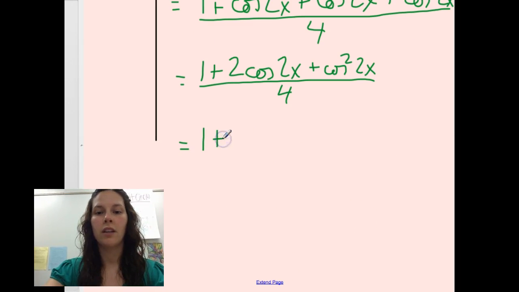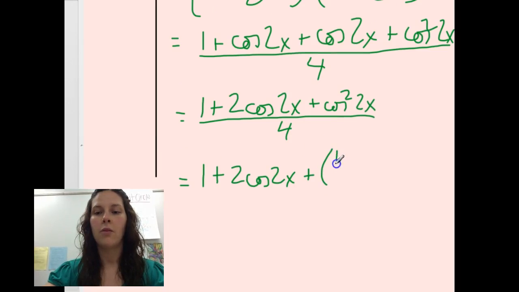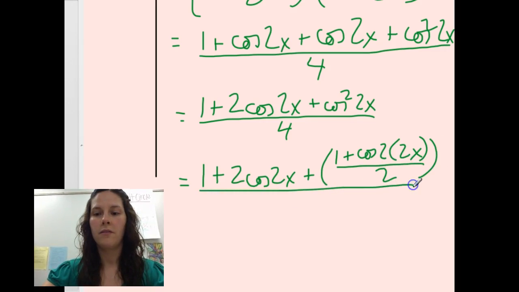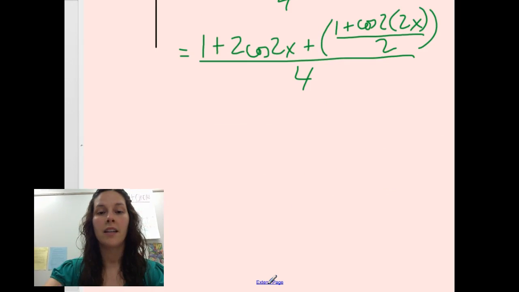So substituting in for that cosine squared, just like we did on the last example, we've got 1 plus cosine of 2, and again we're replacing x with 2x all over 2, all over 4, getting a common denominator with each of the terms in the numerator.